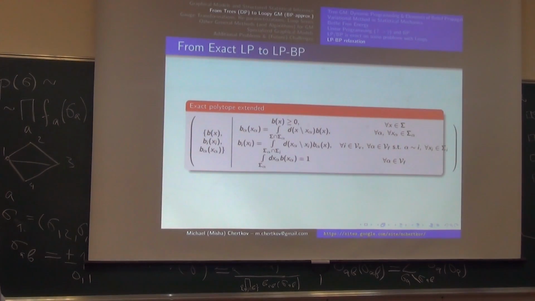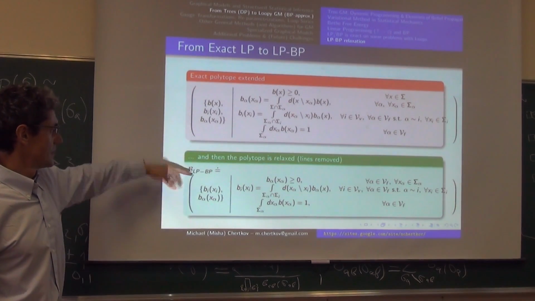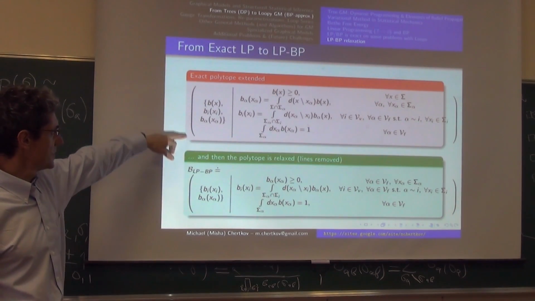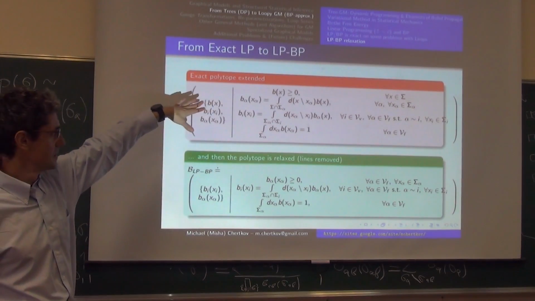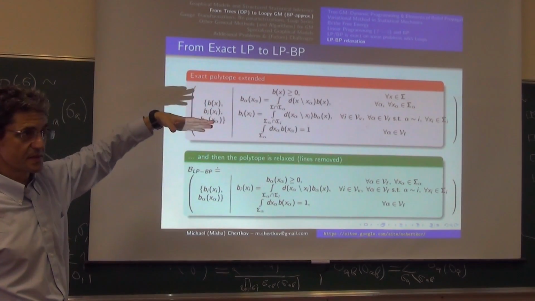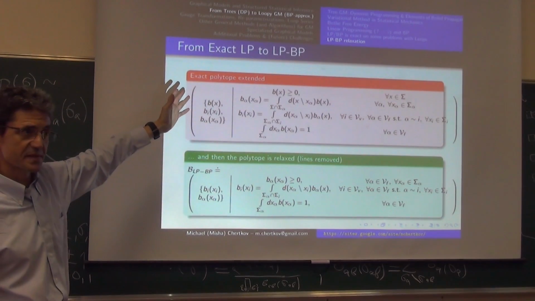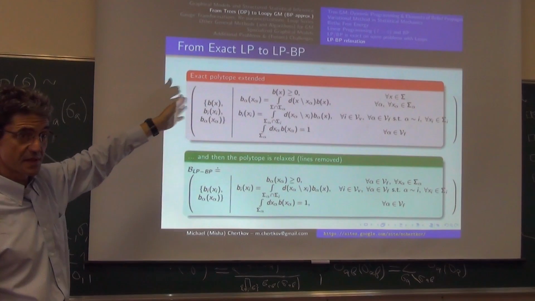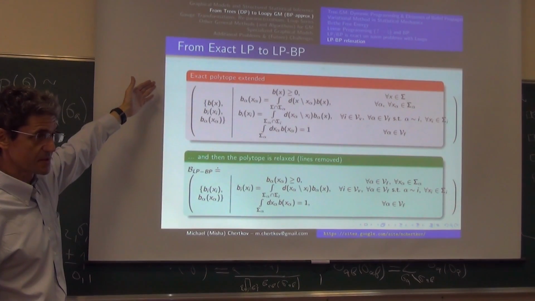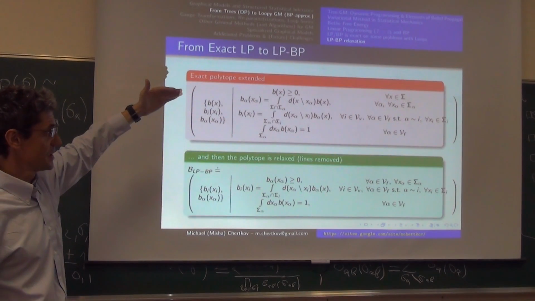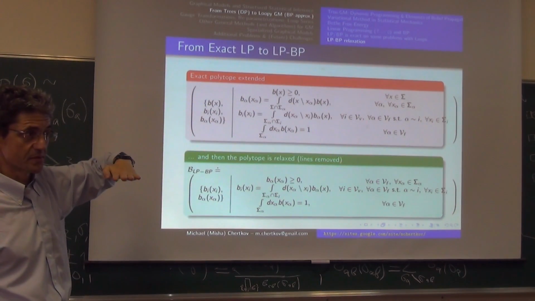But then I'm doing a relaxation. What does it mean, relaxation? Relaxation means that I get rid of some constraints. When I'm removing constraint, well, it's called cutting plane in the optimization literature. When I'm removing constraint, and I'm doing minimization, I possibly am not getting to the optimal, but I certainly get a lower bound.